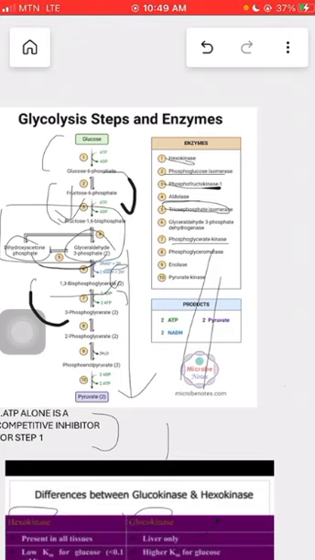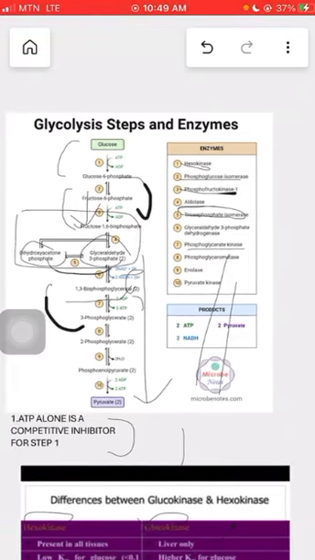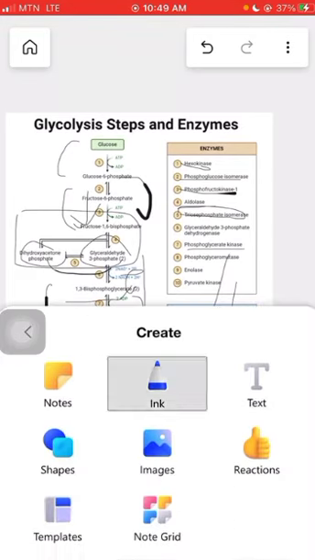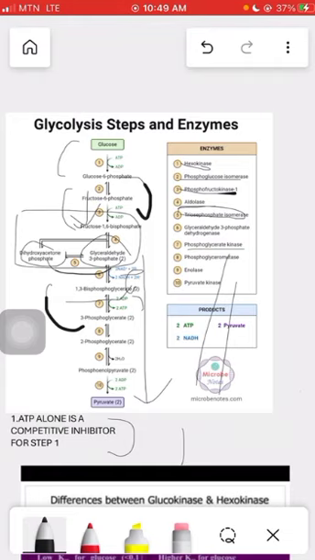But for the 7th step, the enzyme is called phosphoglycerate kinase, alright, but the step is reversible. Can you see that? Step 7 is reversible.